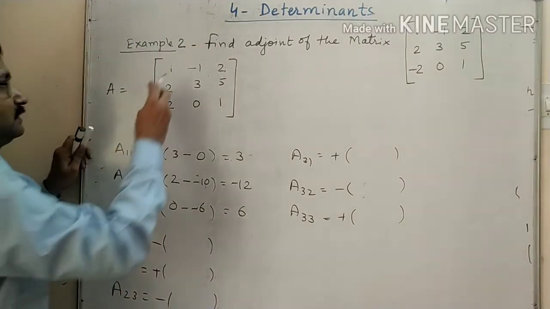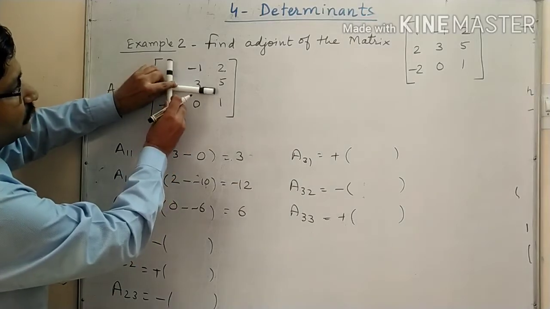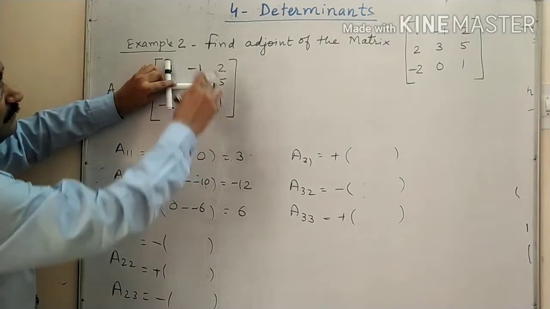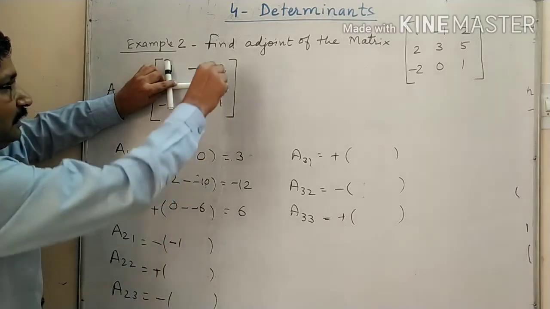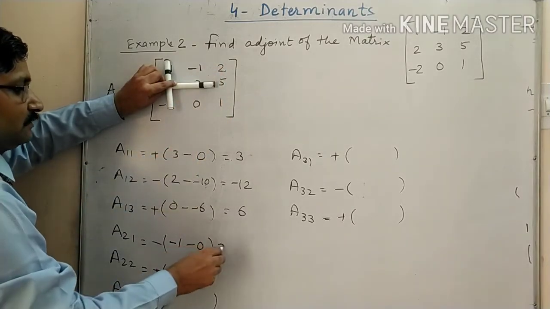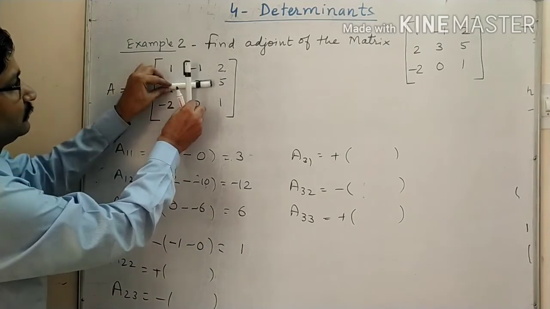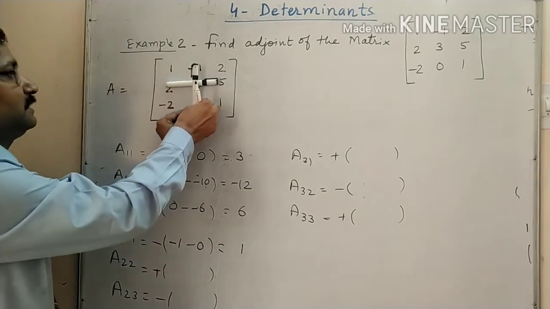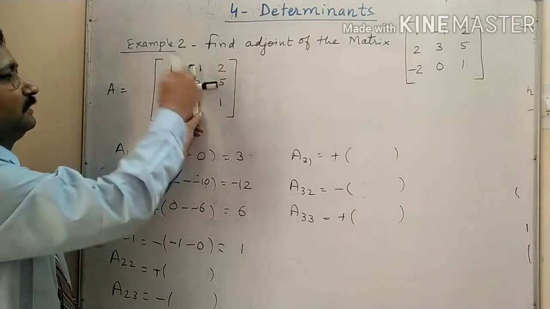Now you will take the second row. You will not consider the second row, and you will not take the first column also. So the remaining are 4 elements that you cross multiply. Minus 1 into 1 is minus 1, and 2 into 0 is 0. So the calculation is 1. Similarly, you will not take the middle. Here also you can check. The 4 elements are 1, 2, and minus 1, minus 2, and 1. Cross multiply this.